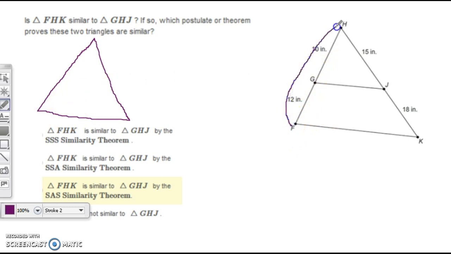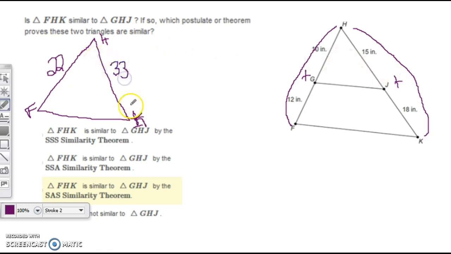So like FH, I know that side length, if I add it together, would be 22 inches. And then from H to K, if I add these two together, we would have 33 inches.